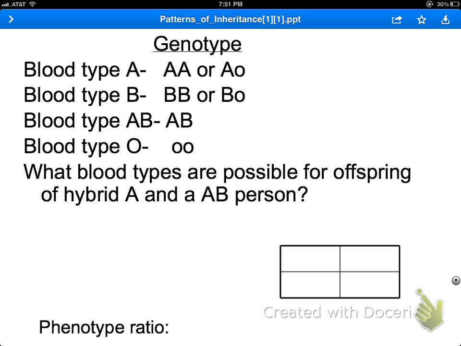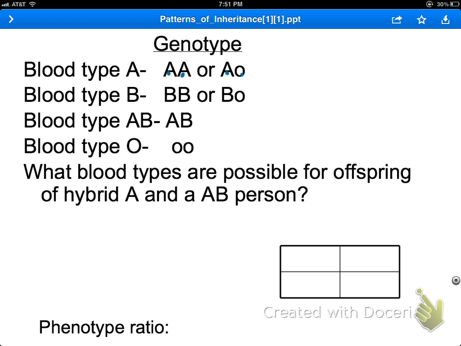This is how you'd write the genotype for blood type. So blood type A, if you get an A allele from mom and an A allele from dad, you're going to have blood type A. You can also get an A allele from mom and an O allele from dad, in which case the A, because it is dominant, will show up as blood type A. The O allele, which is recessive, would be masked and not show up.